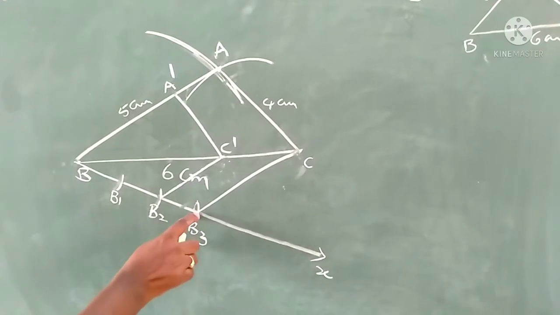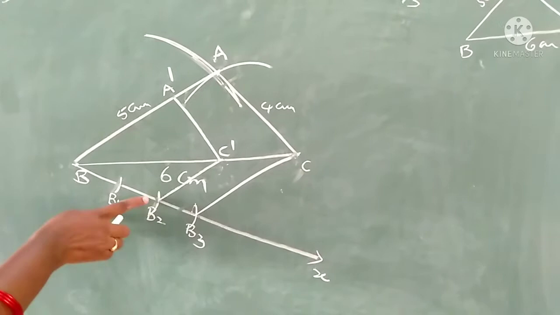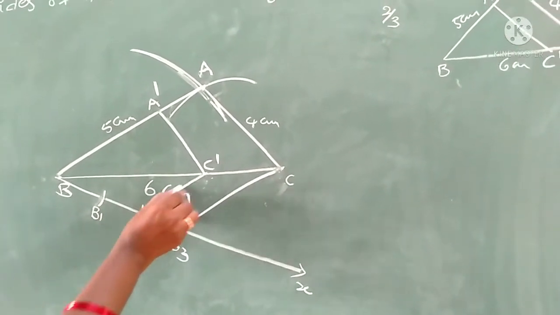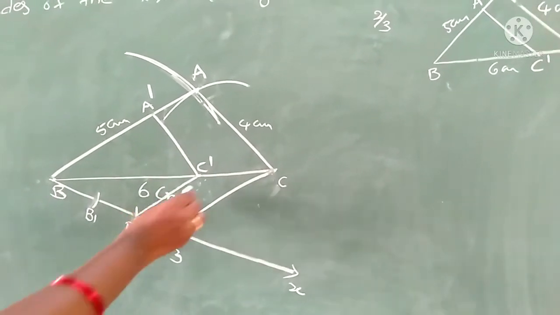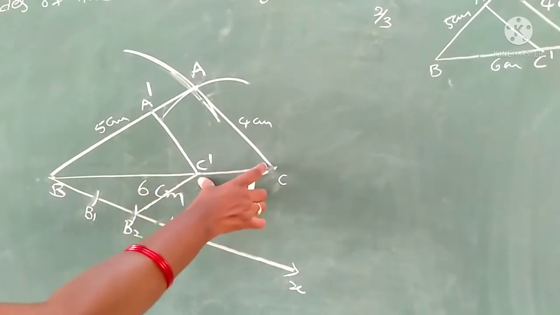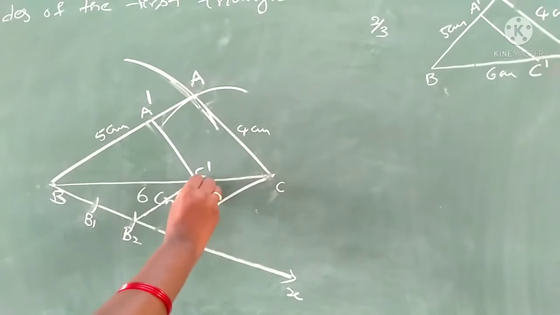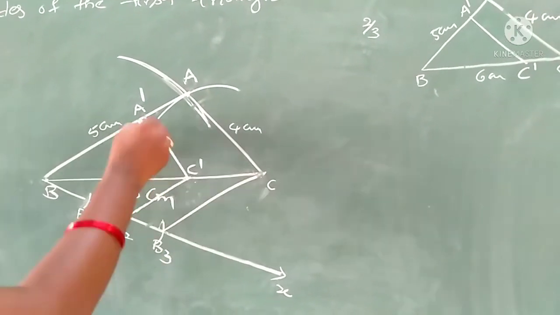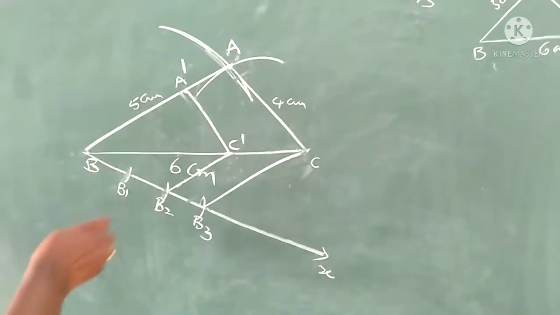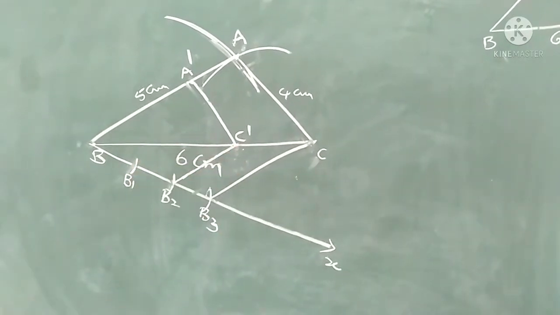Next we join B3C. Next we draw the line through B2 parallel to BC, and it intersects at C dash. Next draw the line parallel to CA through C dash, cutting BA at A dash. A dash, B, C dash is the required triangle.